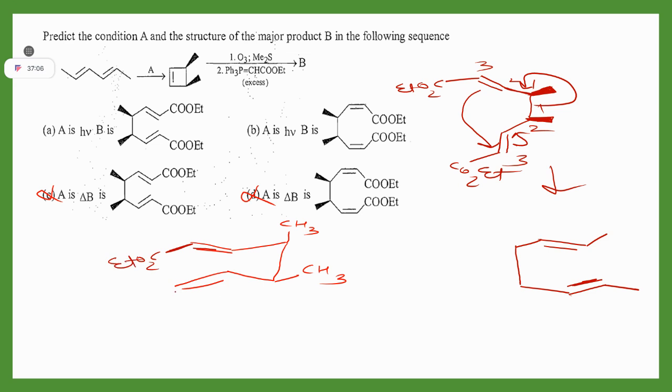And for drawing its E form, you have to draw CO2Et there. So in the product, the correct product is A or B.